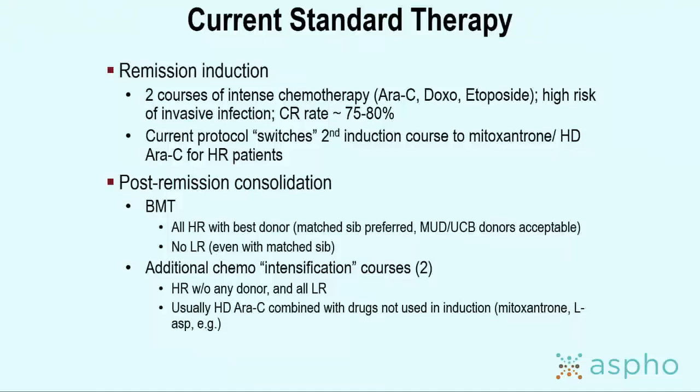Usually these are focused on high-dose Ara-C. The Ara-C used in induction tends to be low-dose frequent dosing over 10 days or 7 days. There's the classic 7 and 3 regimen, which is 7 days of Ara-C. We use 10 in the COG. In the post-induction course, it's typically high-dose Ara-C given over briefer periods, the so-called Capizzi use of Ara-C.